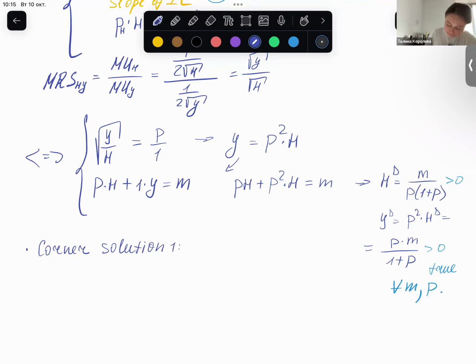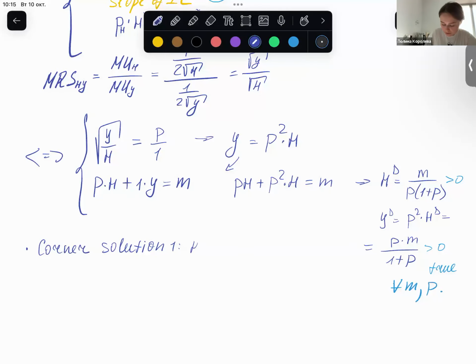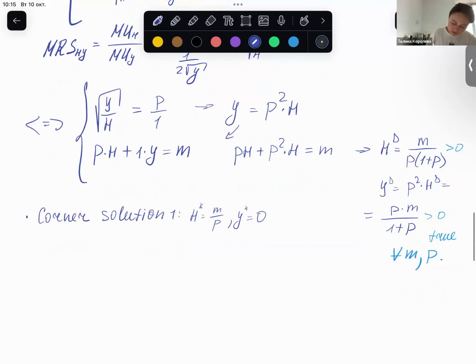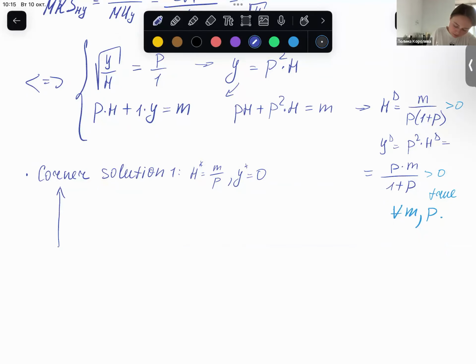Corner solution 1. Let's consider the situation when we spend all our monetary income on heating and do not buy other goods. And let me remind you how it can look like. Here heating, here composite good.